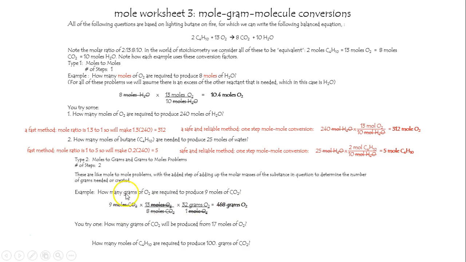And then start converting. 8 moles of carbon dioxide require 13 moles of oxygen, and that mole of oxygen weighs 32 grams. We're going to need 468 grams of oxygen for this reaction.